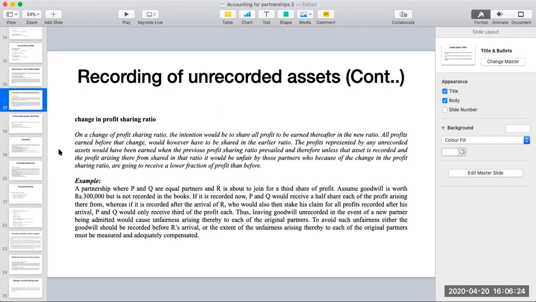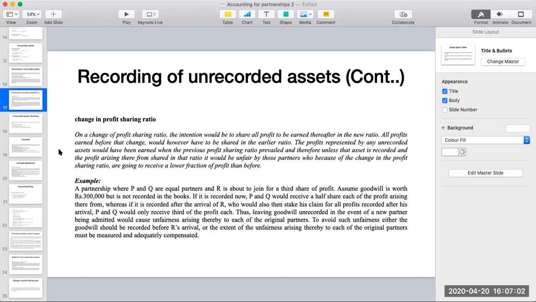Simply, what it means is, previously there are two partners, P and Q. Another new partner is coming, so then there are three partners, P, Q, and R. There is an unrecorded goodwill amount of 300,000, which is not recorded in the books. If they record it now, before R joins the partnership, they share the profit equally, so each is getting 150,000.